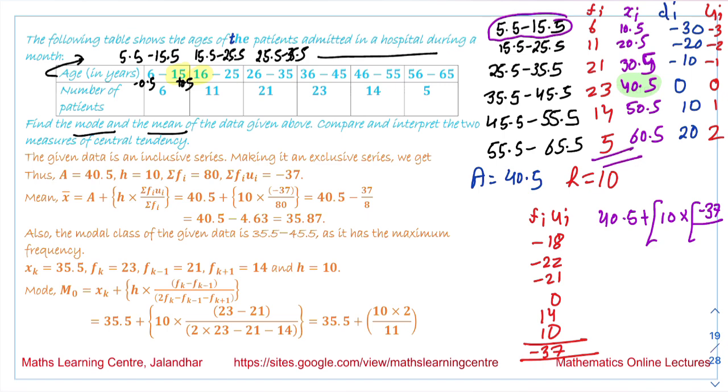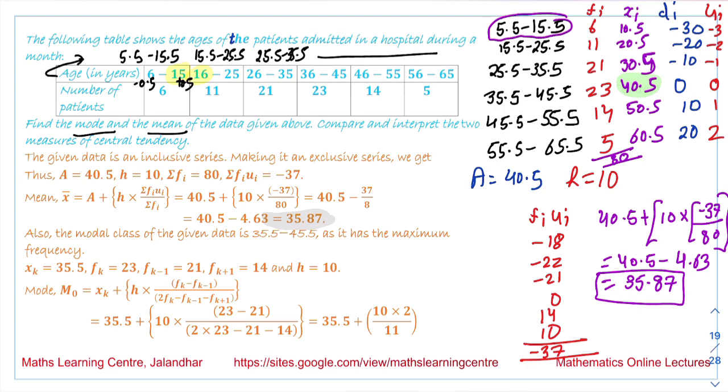When we calculate sigma Fi, the answer we obtain is 80. On solving these values, the answer we get is 40.5 minus 4.63, and that is equal to 35.87. So we are saying the mean that we obtain is 35.87.